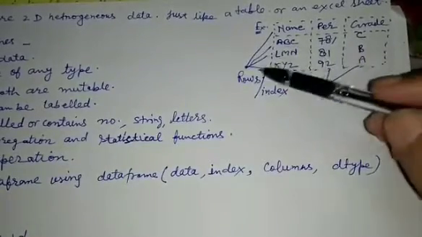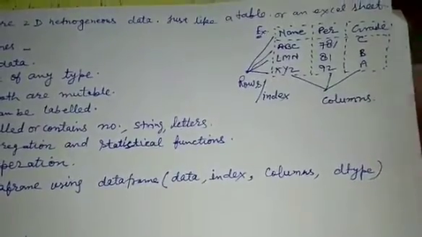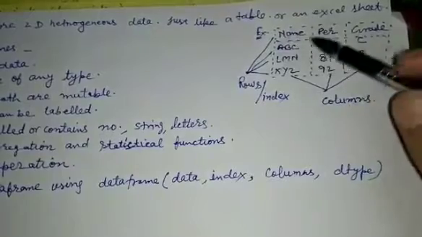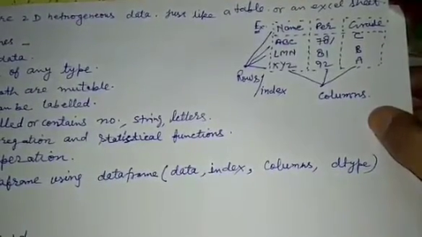In Python, rows are also called index. So this is a two-dimensional structure, especially called a data frame. We can create the data frame using the pandas library.